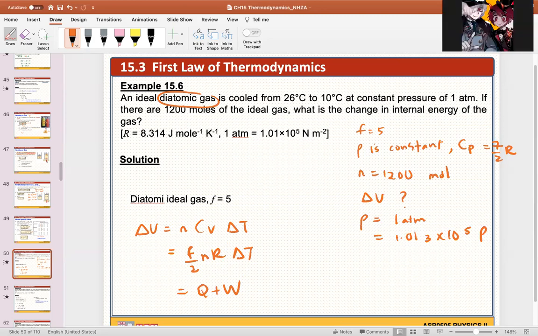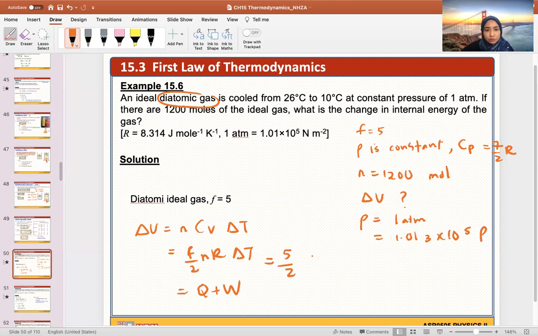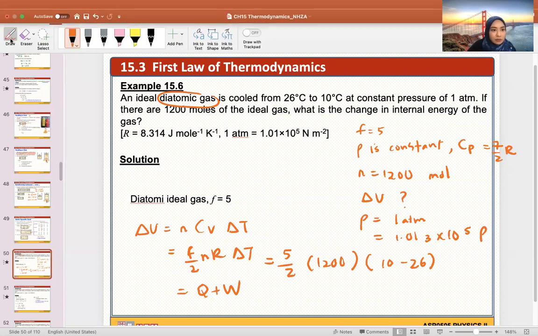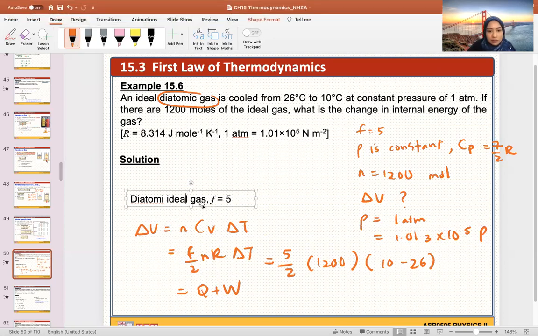We have n, we have R, we have delta T. Let's try it. So 5 over 2, 1,200, delta T is 10 minus 26. So that is if we use the second equation.